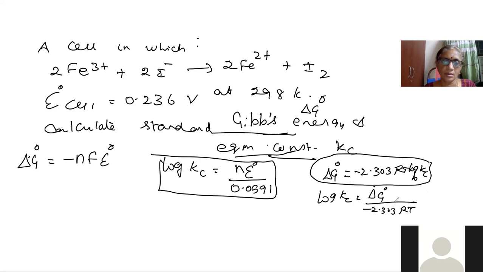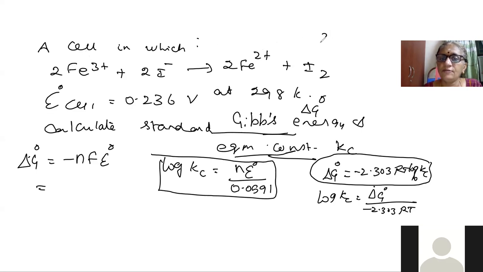Understood? Now, using E naught, how to calculate del G naught? Overall n value for this reaction, how to calculate? See, if you are not able to understand the electrons involved in a cell reaction, look at the overall reaction, split into anode and cathode and see the common number of electrons, then use that common value for n. Don't straight away jump to a conclusion regarding the number of electrons.